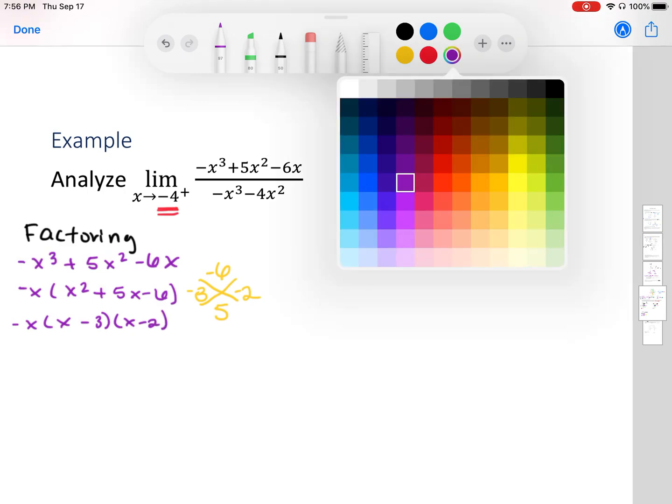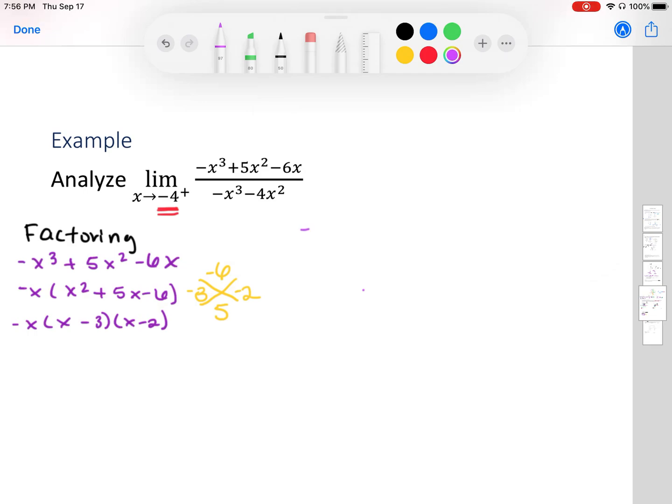My denominator factors to be negative x cubed minus 4x squared. I can factor out a negative x squared, a GCF, a greatest common factor, and I'm left with x minus 4. So we put this together.